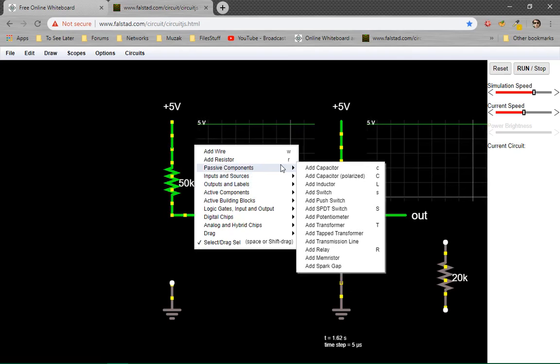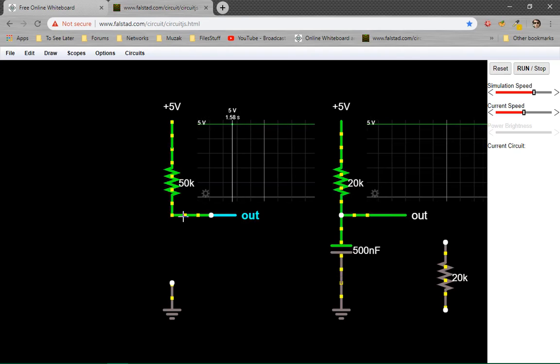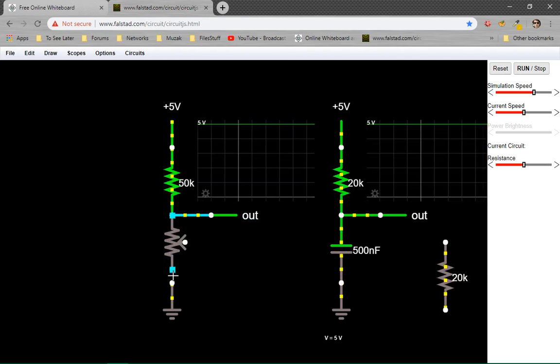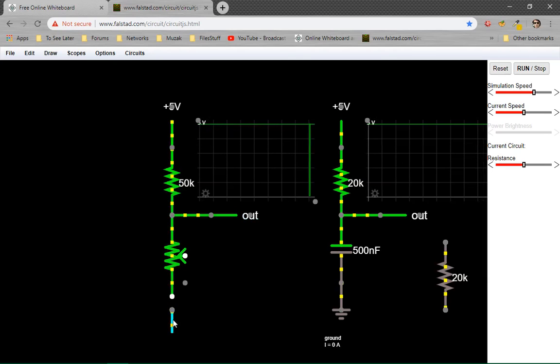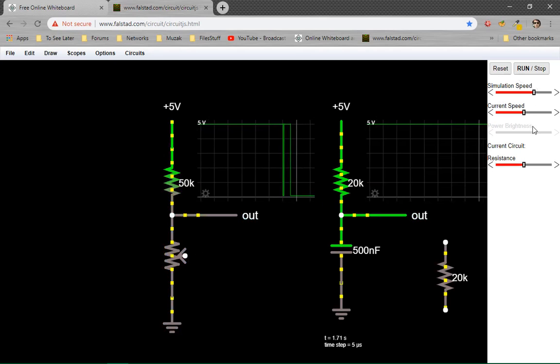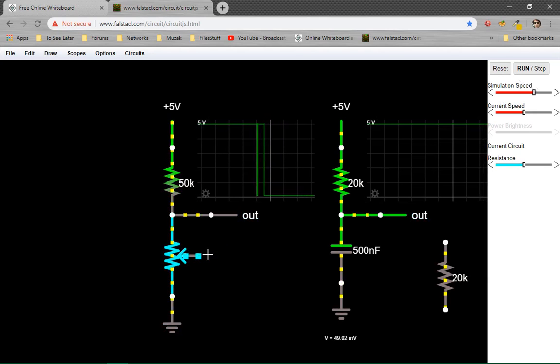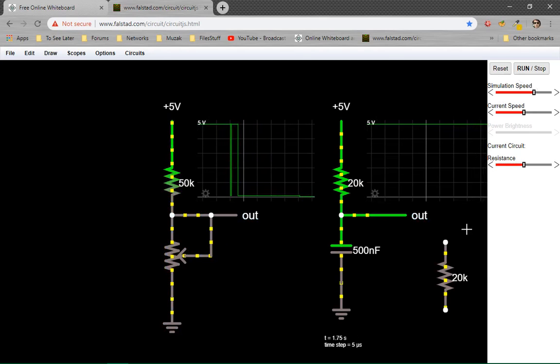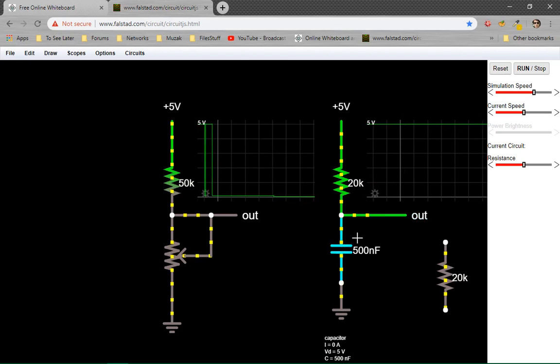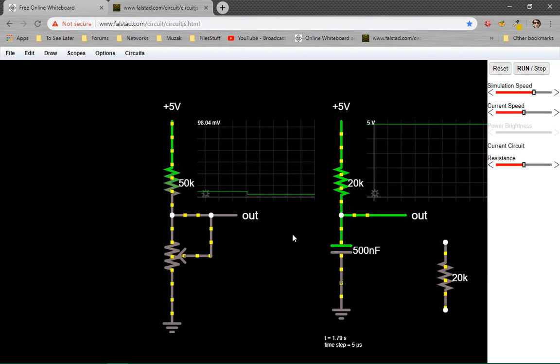What else? There is a potentiometer, which is just like a plain resistor, but we can change it with your hands. And as you will see, it will act very much like the capacitor with varying degrees of resistance.